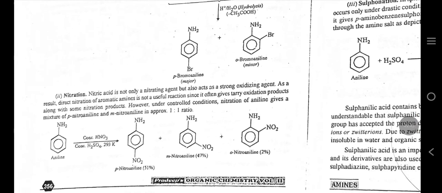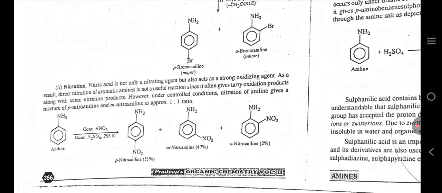Nitration. Nitric acid is not only a nitrating agent but also acts as a strong oxidizing agent. As a result, direct nitration of aromatic amines is not a useful reaction since it often gives tarry oxidation products along with some nitration product.